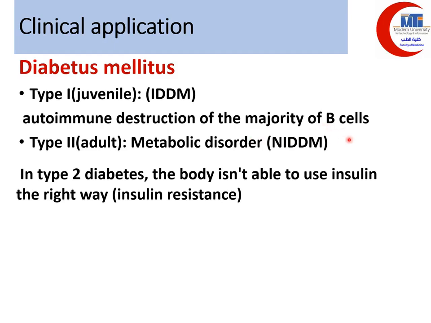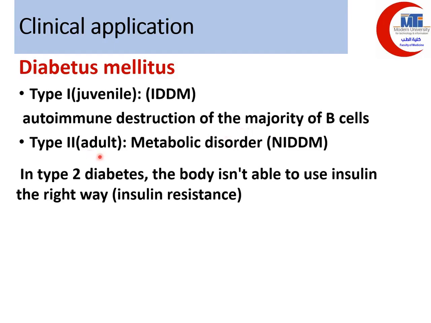So there is a defect in the beta cells, and consequently the insulin hormone decreases, and the blood sugar level is not lowered. So this type is treated by insulin injection, as there is a defect in the insulin amount in the body.